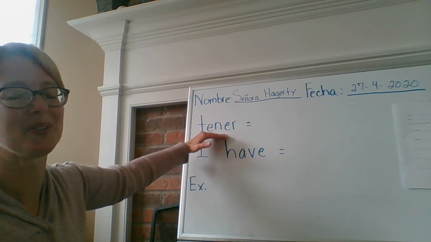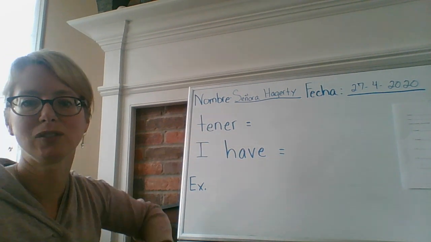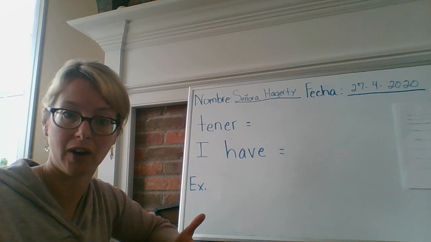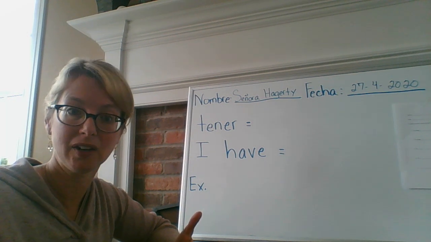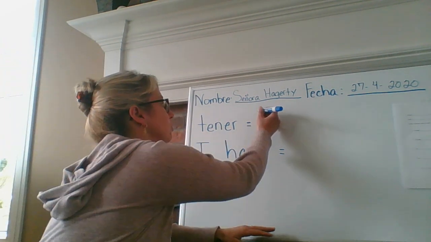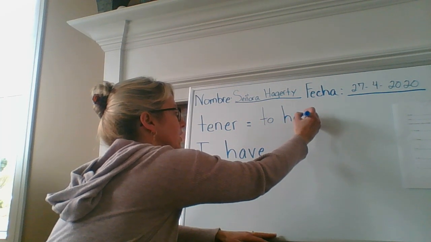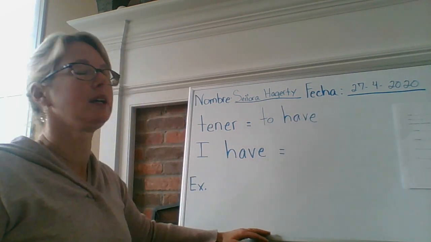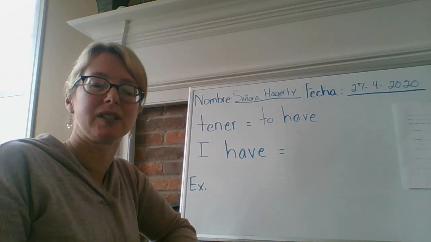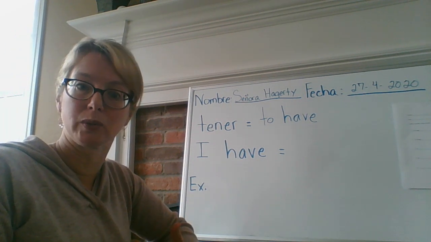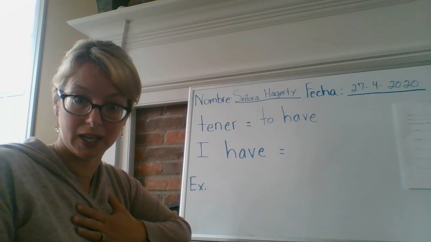In Español, the way that we would say to have is tener. Tener means to have in Spanish. You wouldn't necessarily say to have in a sentence, especially if you were talking about something that you personally had.